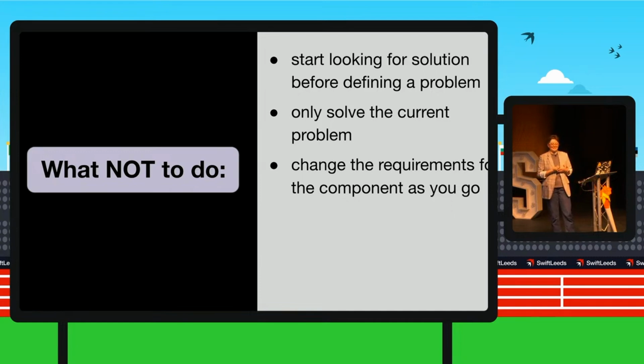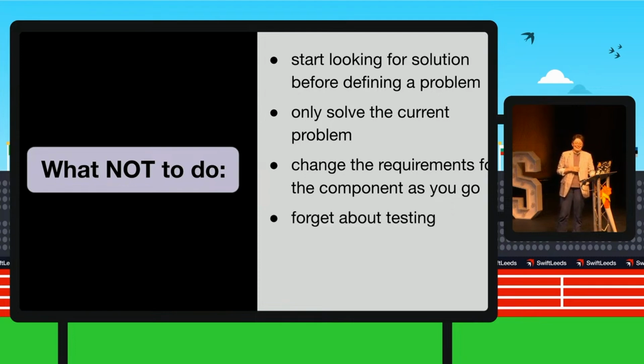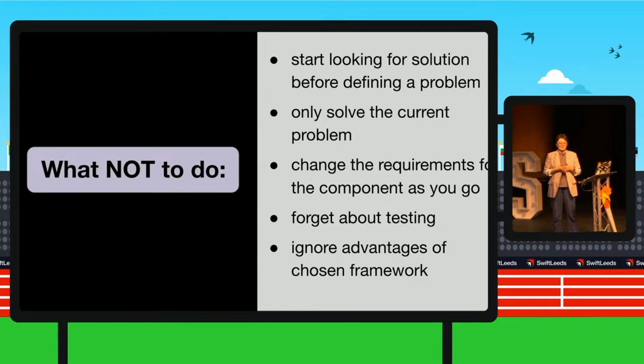Trying not to change the requirements is not always possible, but at least I think it's a good idea to strive for this. And not to forget about testing also pays off when you actually need to write those tests. And at the very end, do not ignore the advantages and actually the disadvantages of the chosen framework, because the new banner view component is very nice and works on view modifiers, but what can't we do?